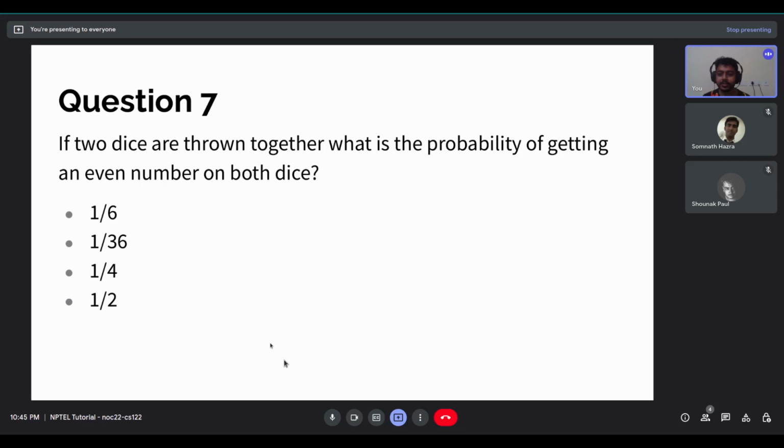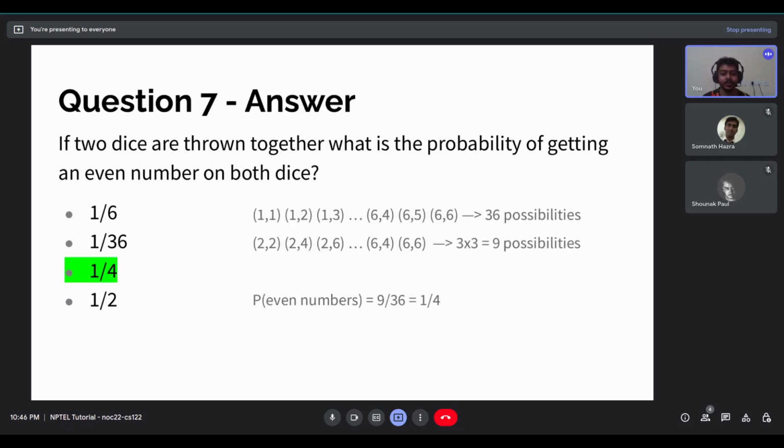And next question, if two dice are thrown together, what is the probability of getting an even number on both dice? This is similar to a previous question we did. We just have to write down all the possibilities. With two dice, there are 36 possibilities, and we need the possibilities of getting two even numbers.